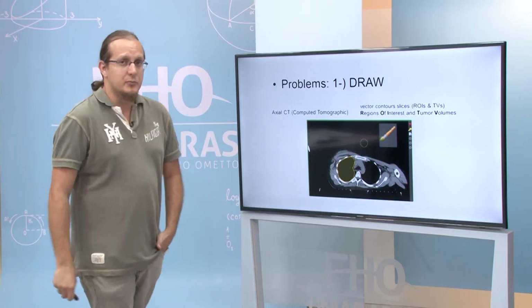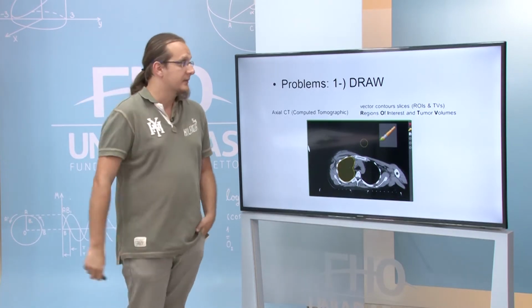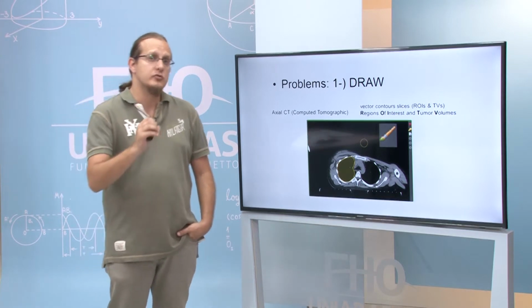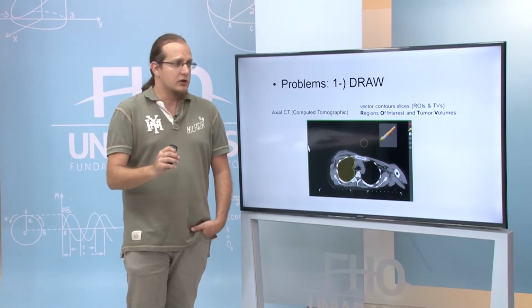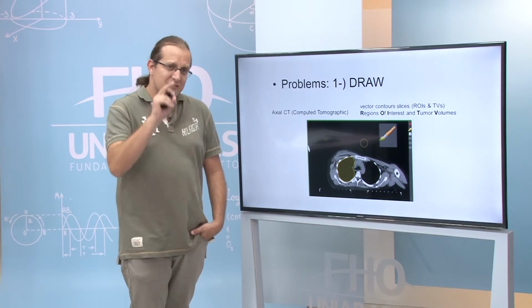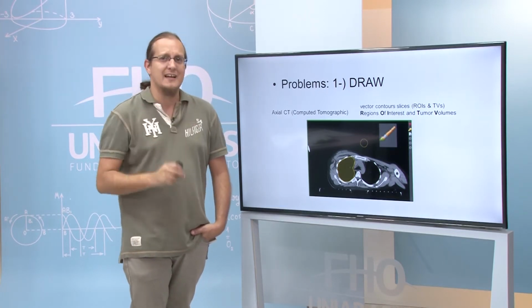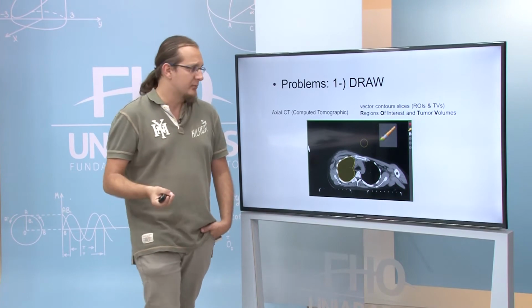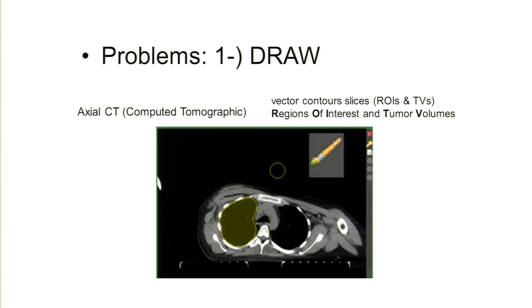Well, the problems related to my work. The first problem is related to drawing, because the medical doctors and physicists need to draw slice by slice on the computed tomography. In this example, it's possible to see the vector drawing of the lung in the human body on an axial CT.